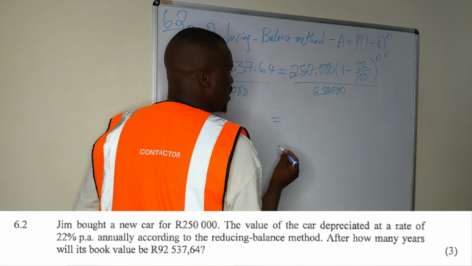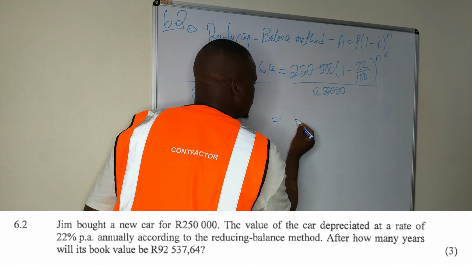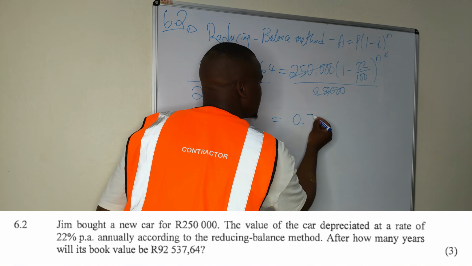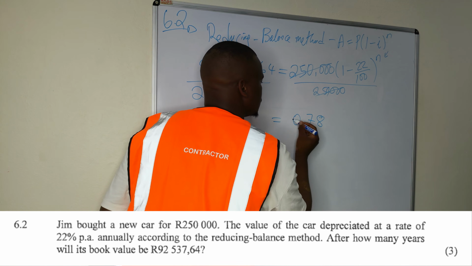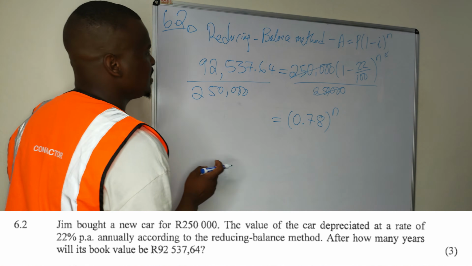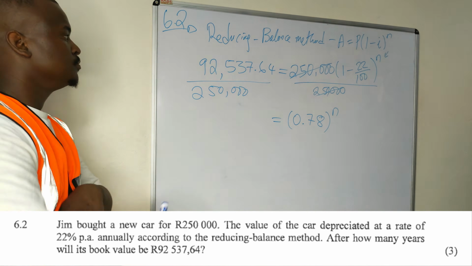Punch it in a calculator. You'll quickly discover that this is 0.78 raised to n. And then you can punch this in a calculator as well. So let's punch it.